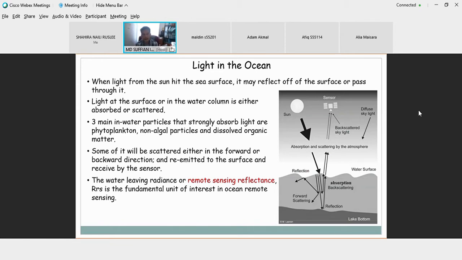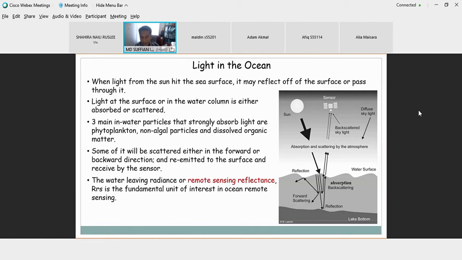In the water column there are three main important constituents, sometimes known as optically active substances, OAS, that absorb and scatter light. The first one is phytoplankton or pigments.